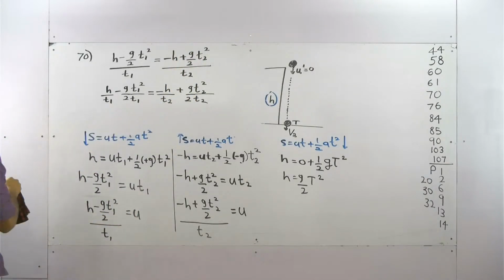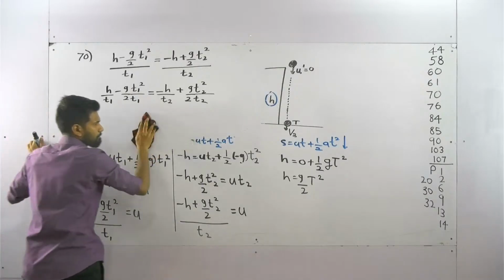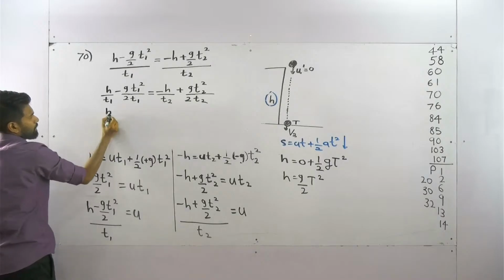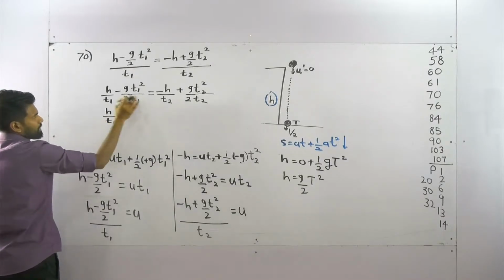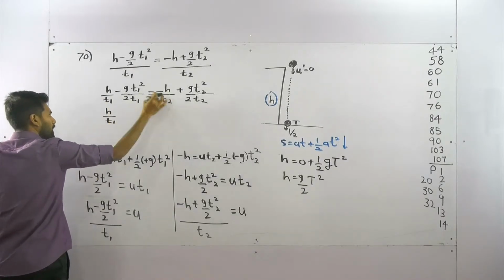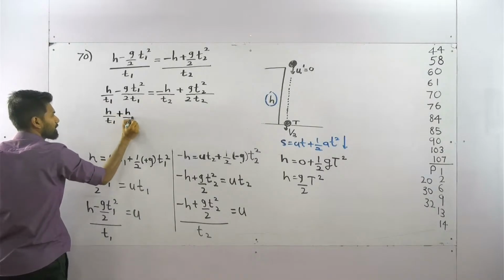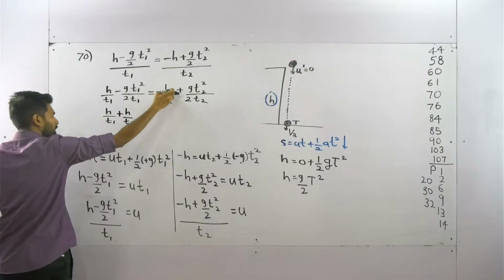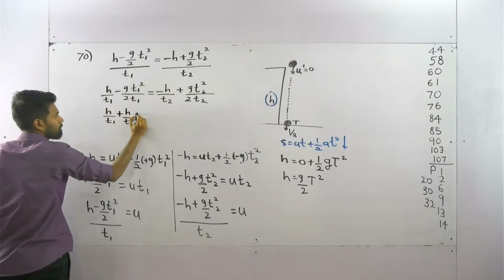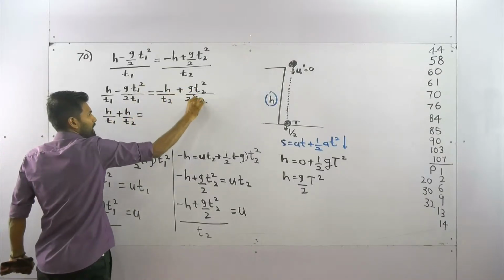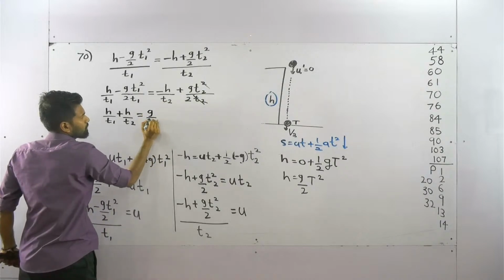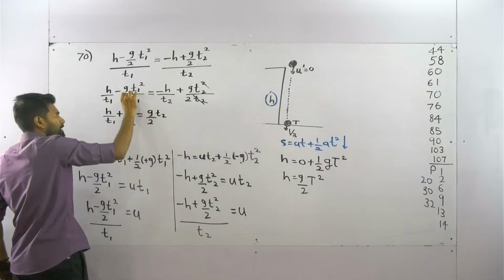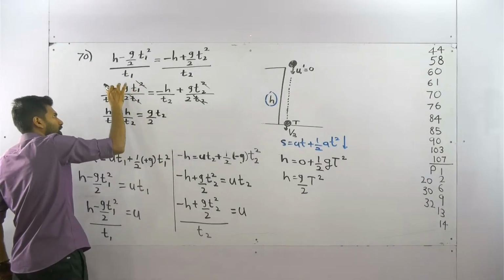Okay, now I need to erase this. Then what will happen? h over t1 here, minus h over t2, I'm taking it to this side. Then it will become plus h over t2. So h over t1 plus h over t2. Here one t will cancel out in g over 2 t2, and here one t1 will cancel out, and this minus mark will become plus.